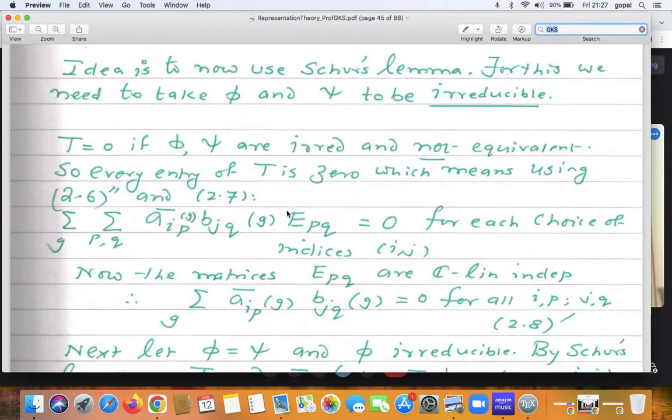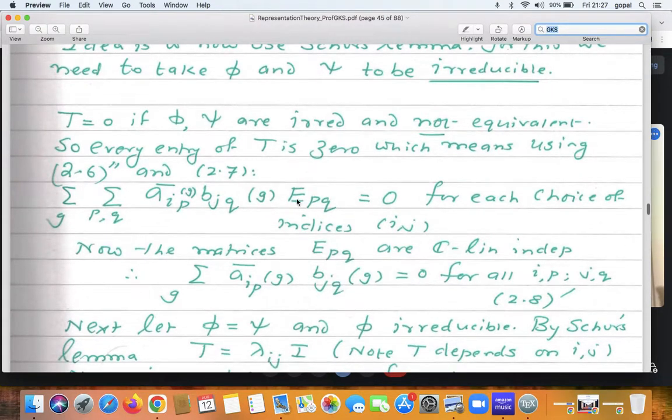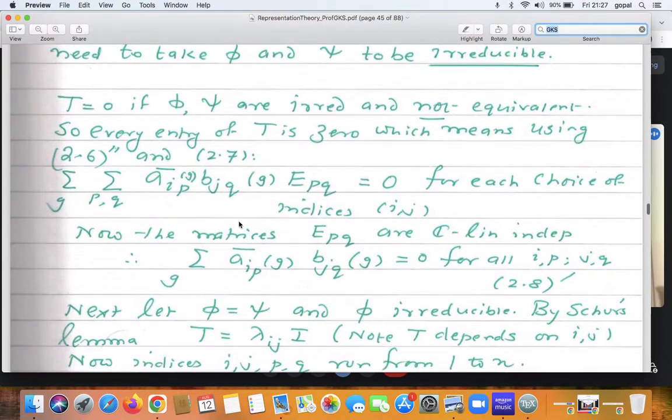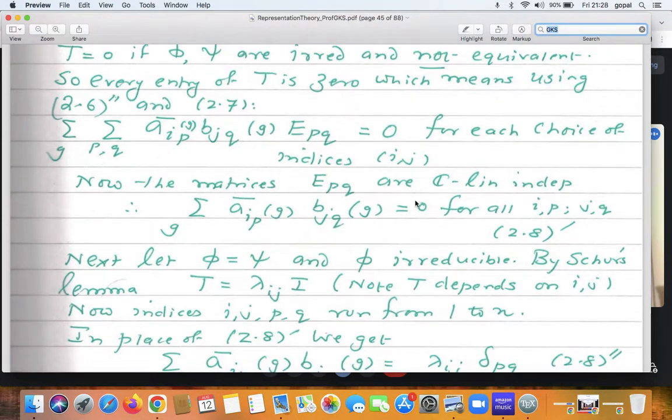Every T_ij must be 0 because phi and psi are not equivalent. Now the matrices E_pq are linearly independent, so every coefficient must be 0. So summation of a_ip bar b_jq must be 0 for all i, p, j, q. So that is one condition.